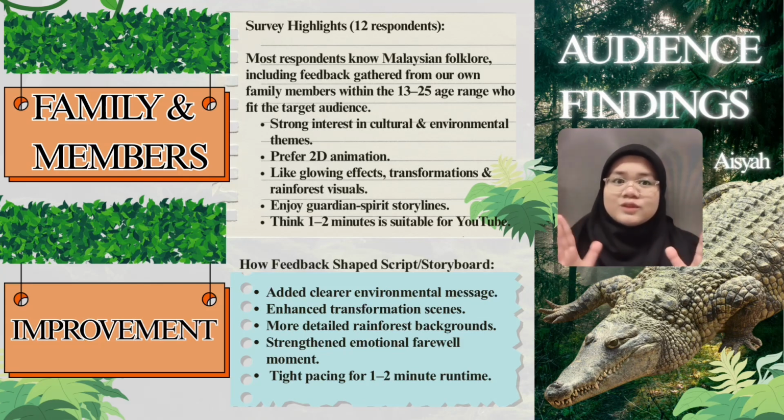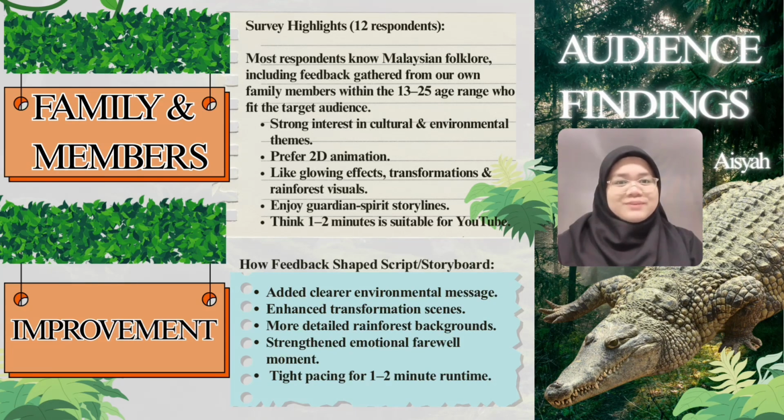They preferred 2D animation over 3D animation, with bright color palettes, magical effects and realistic rainforest environments. Based on their feedback, we improved our storyboard by making the transformation scenes more engaging, adding clear environmental themes, strengthening emotional experiences, and increasing detail in the rainforest background. This ensures the animation aligns with what our audience finds engaging.